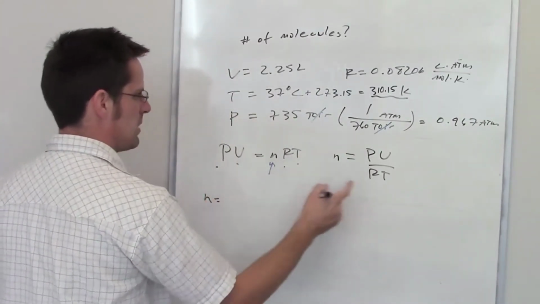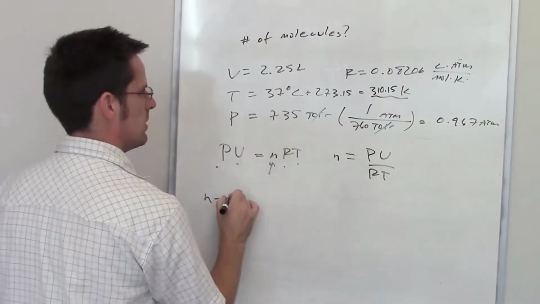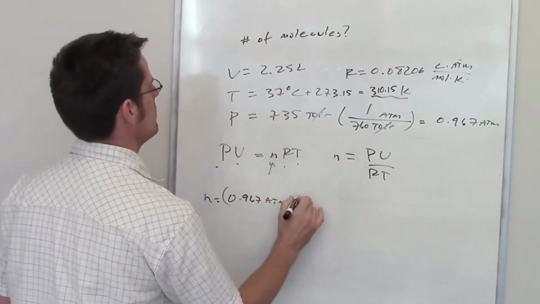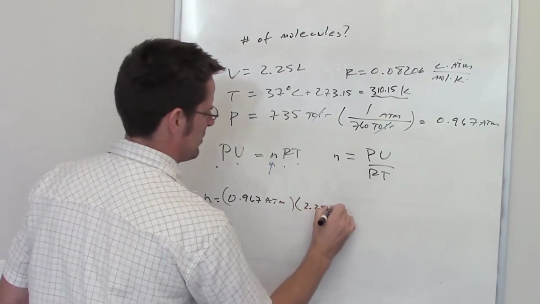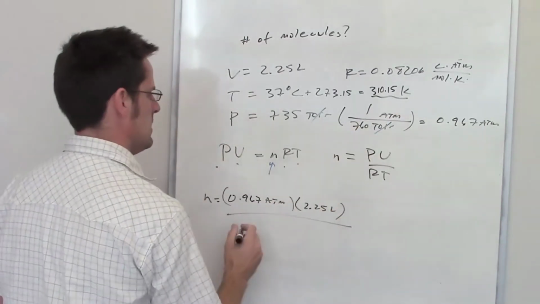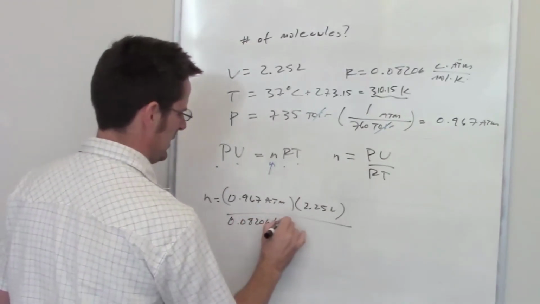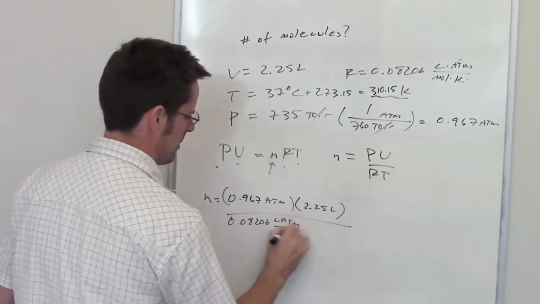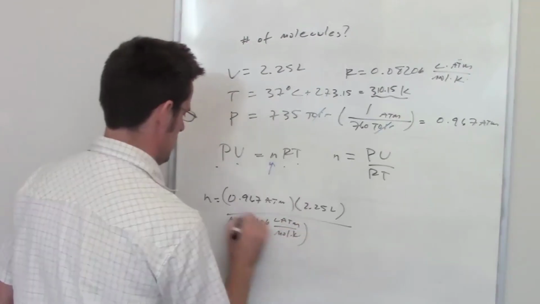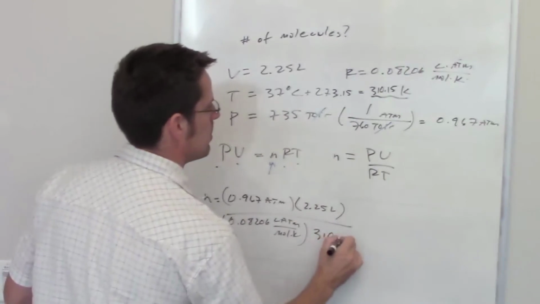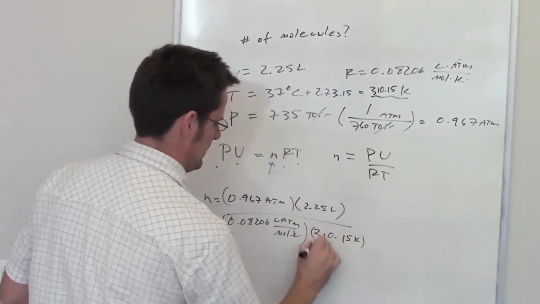Number of moles is going to equal pressure, 0.967 atmospheres, multiplied by volume, 2.25 liters in this case, divided by the ideal gas constant, 0.08206 liter atmospheres per mole Kelvin, multiplied by temperature, 310.15 kelvins.